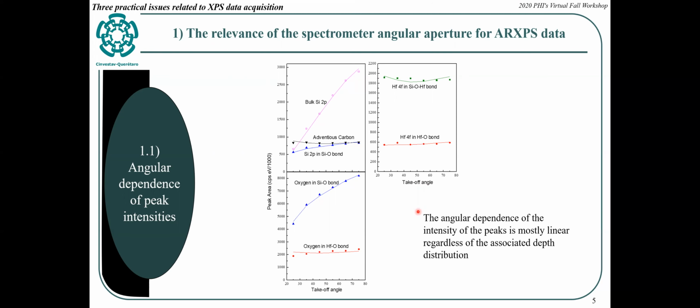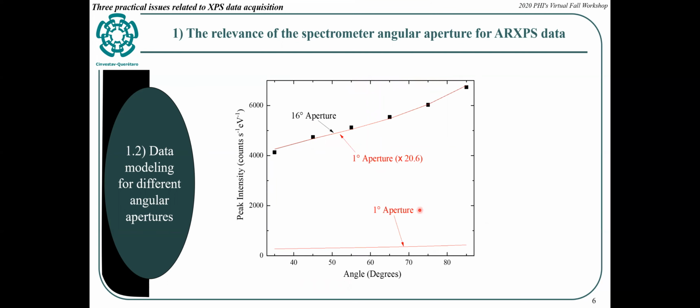So this is the data for oxygen 1s, and the experimental data is these squares, and the black line here is the modeling using for the spectrometer the experimental angular aperture of 16 degrees.